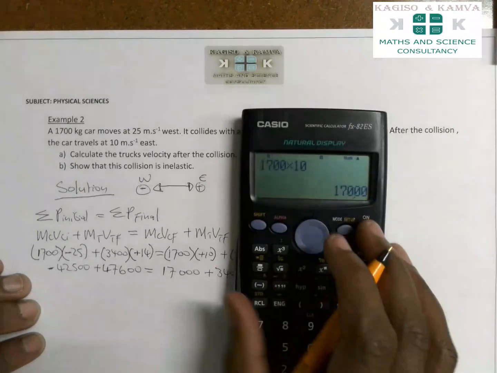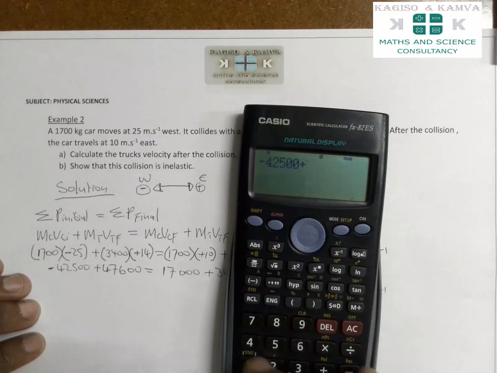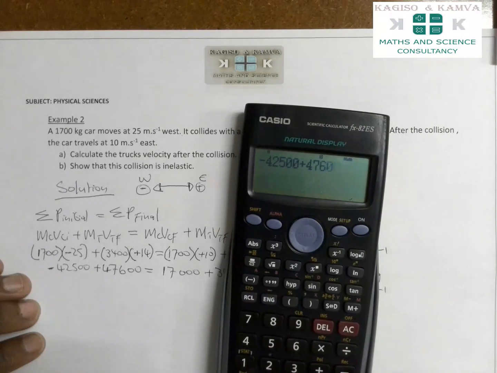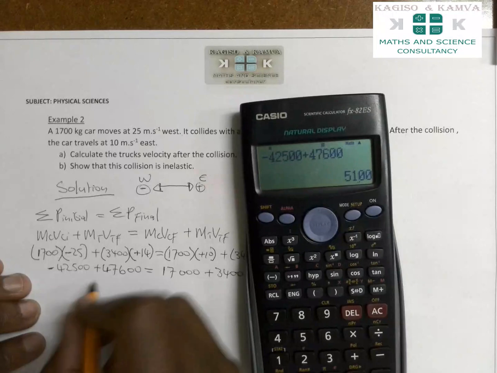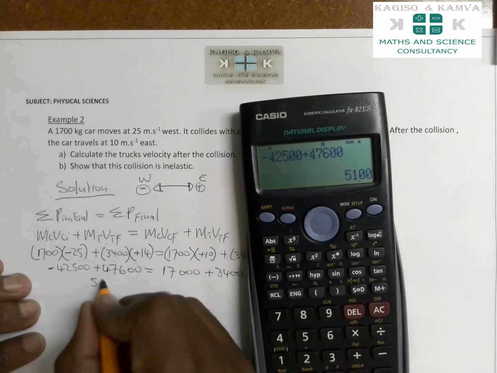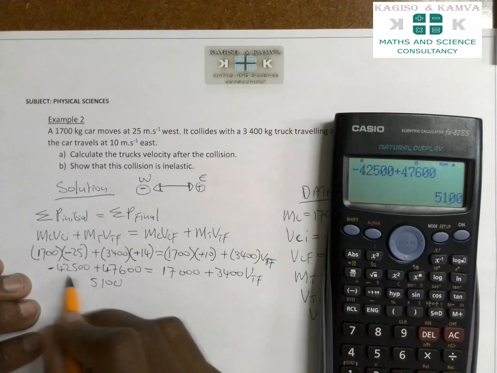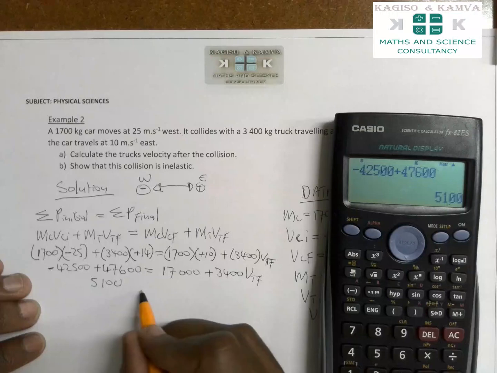So we work this out. The answer is 5,100, and then we transpose. We transpose this to this side.